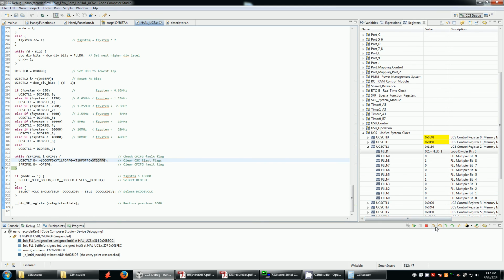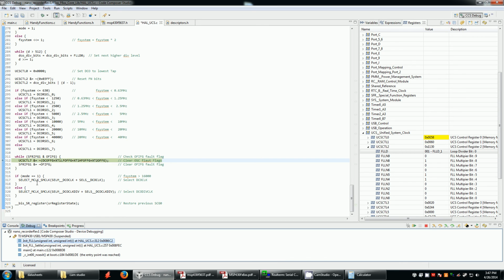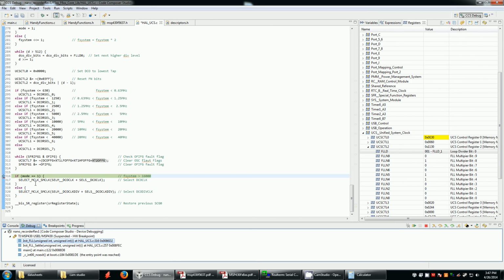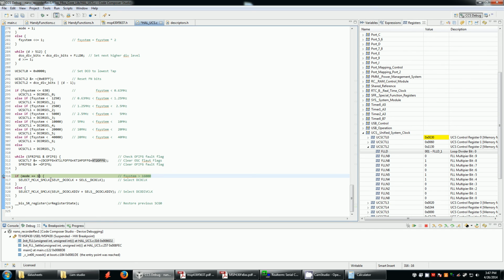You can check out the DCO to get a little more information on that and some of their examples. Let's run down to here. Okay, so now we check the mode, and remember the mode, this is a macro that actually sets control of what clocks are set to.